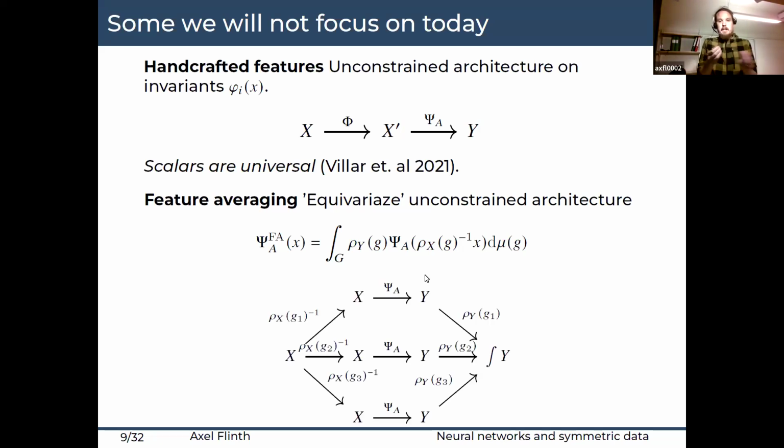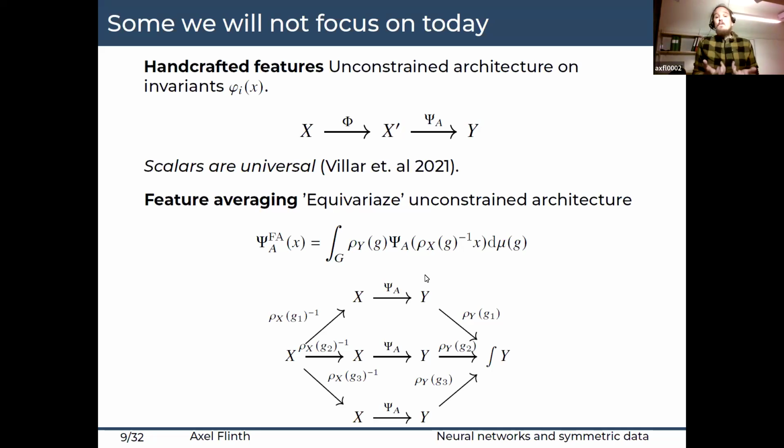With each data point, we calculate all transformed versions of the example, send each of them through my architecture, and then in the end average. If I'm only looking for an invariant thing, I would really take the average, but if I want something equivariant, I also need to take this weighted average with the output representation in the end.